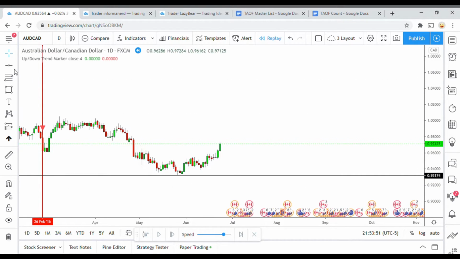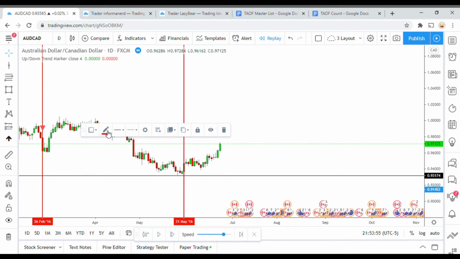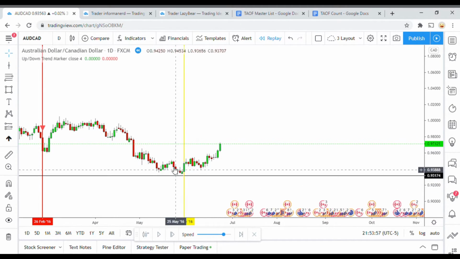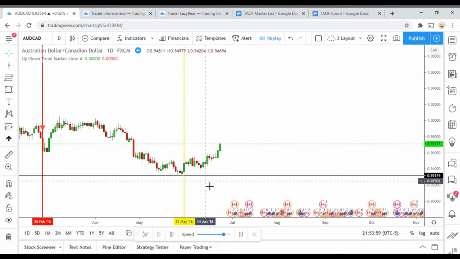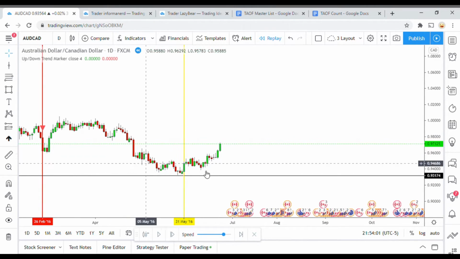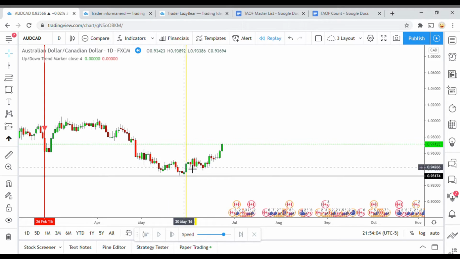Finally takes off. We would have been on this candle right here, the one we would have entered on. I want to make that yellow so we don't get it confused with our indicator that we're testing. So we would have entered on that candle, the close of that candle right there.